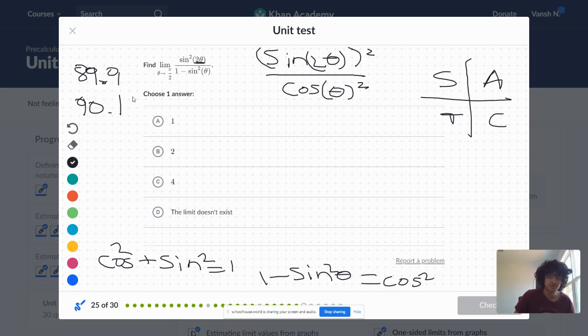Okay, so it looks like it's going to be approaching 4. I just used the approximation method.